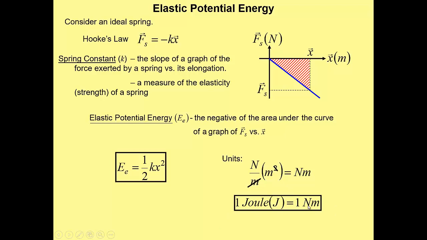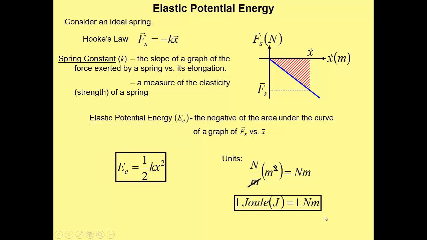It comes from Newton's second law, F equals ma. 1 newton is the force required to make a 1 kilogram object accelerate at 1 meter per second squared. A newton is a kilogram meter per second squared. So a newton meter, or a joule, is actually a kilogram meter squared per second squared.